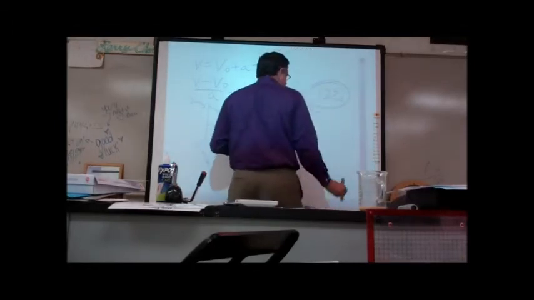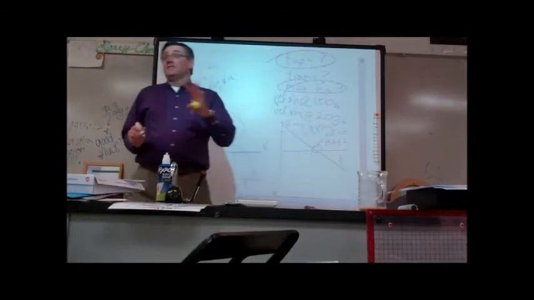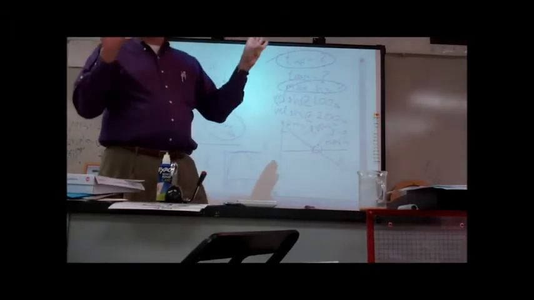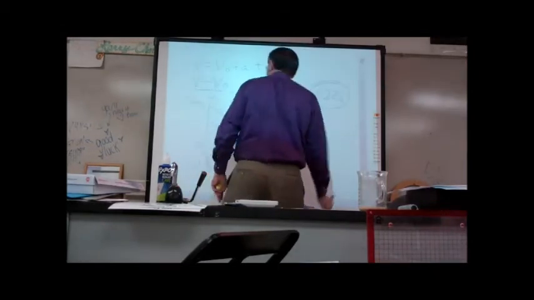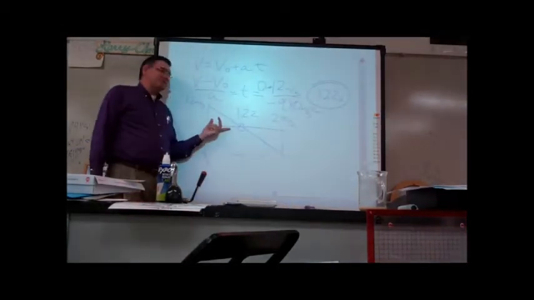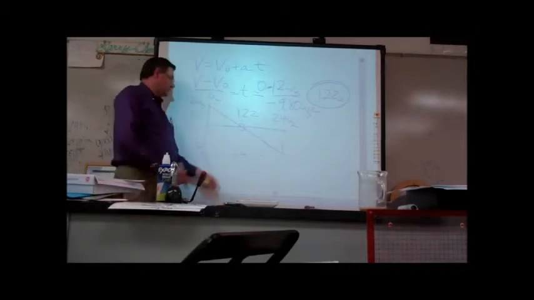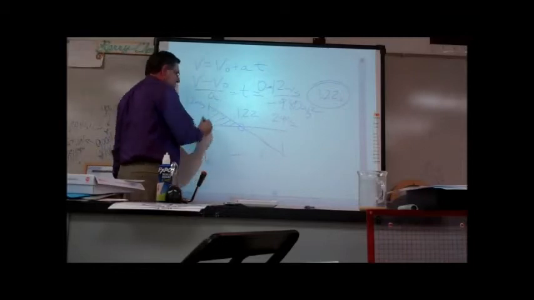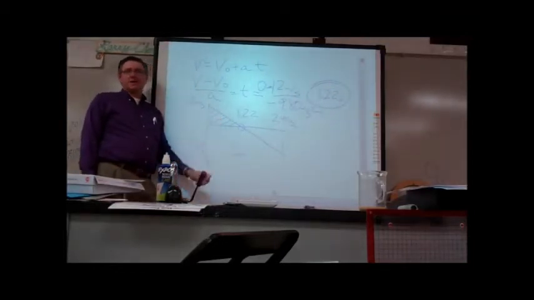So the next thing we want to do is find the maximum height. Now, this has an identity crisis because there's a whole bunch of different ways you can find the maximum height. This is a personal preference thing. Could I use my velocity time graph to find the maximum height? Yes. What would I do? Find the displacement. I find this area. This area would represent my maximum height.